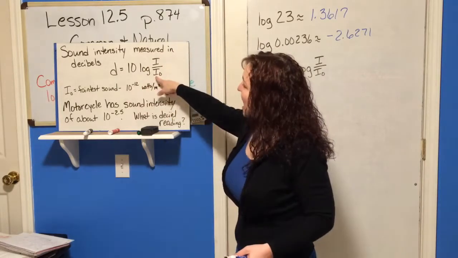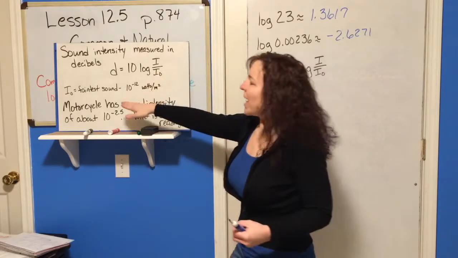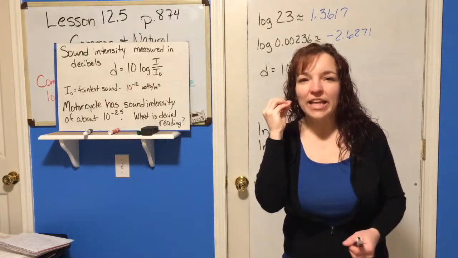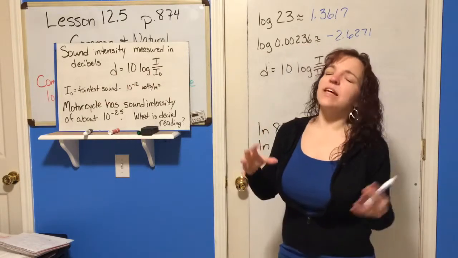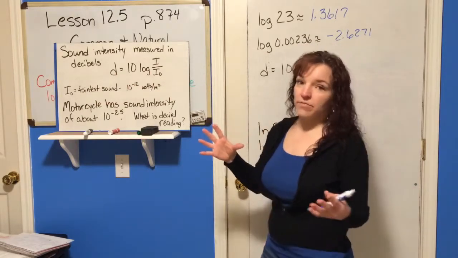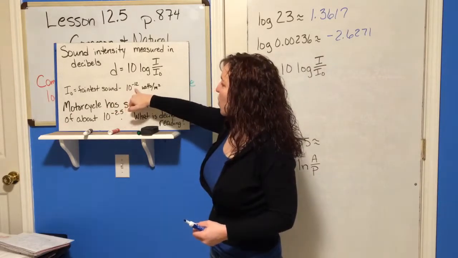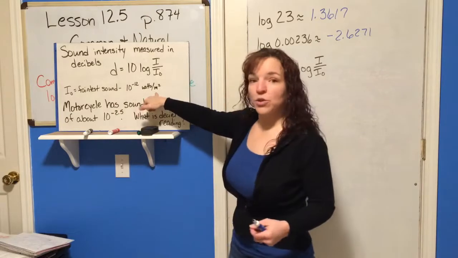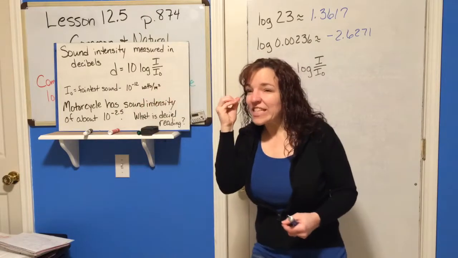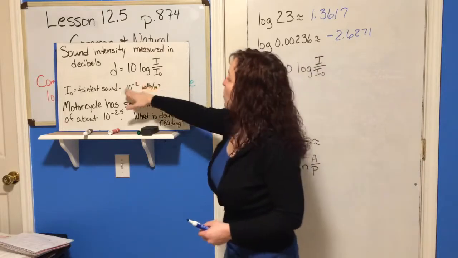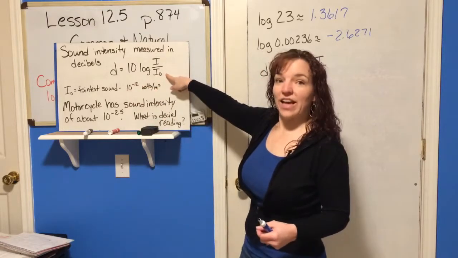So this I base 0 indicates the faintest sound that the human ear can hear, and scientists have found that 10 to the negative 12 power watts per meter squared is the faintest sound that the human ear can hear. So that's what we're going to use for the initial intensity.